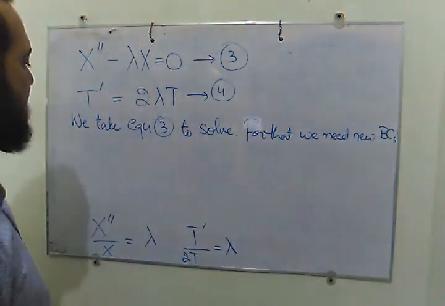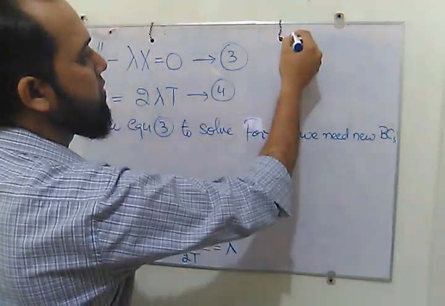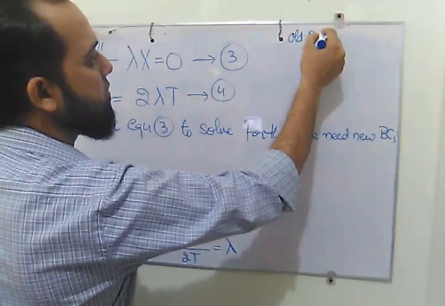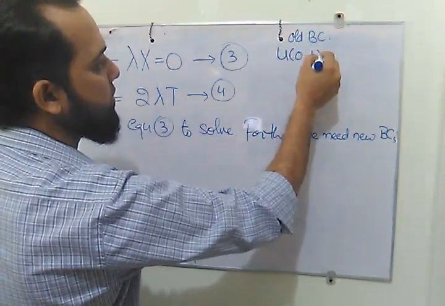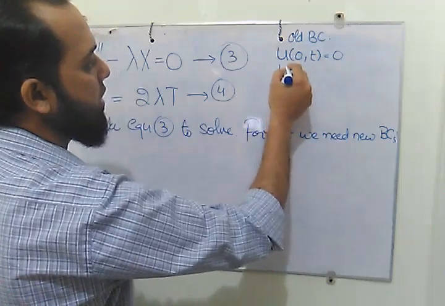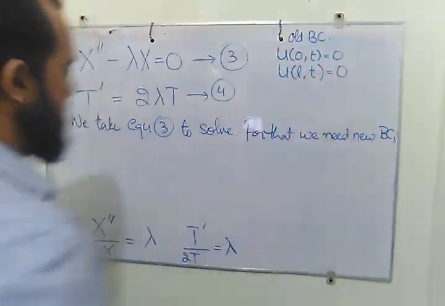To find the new boundary conditions, we write the old boundary conditions given in the question, that is u(0, t) is equal to 0 and u(L, t) is equal to 0.